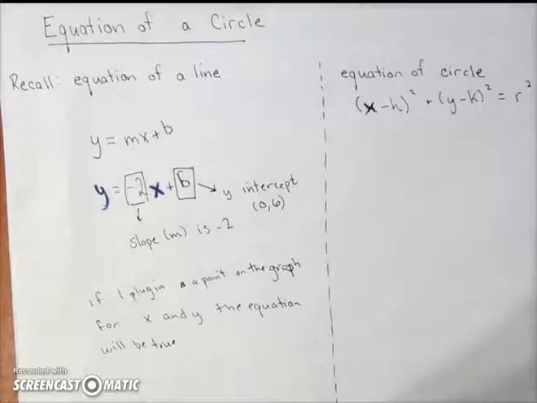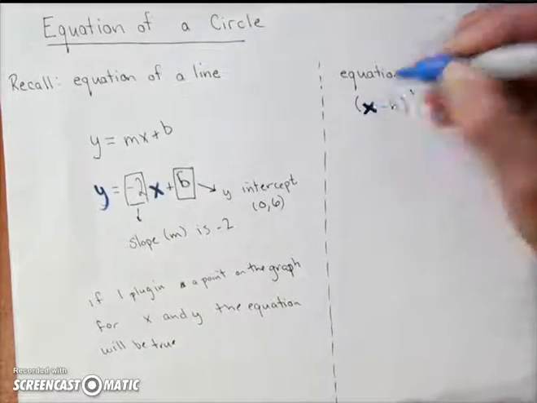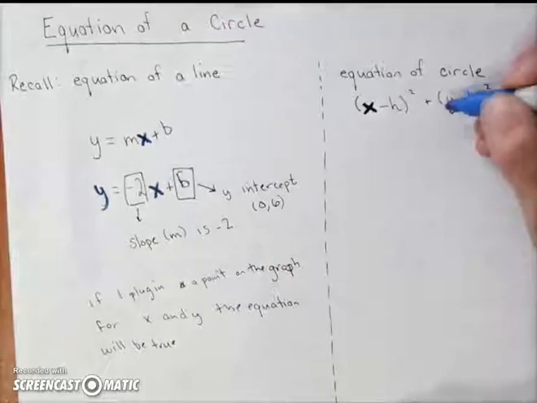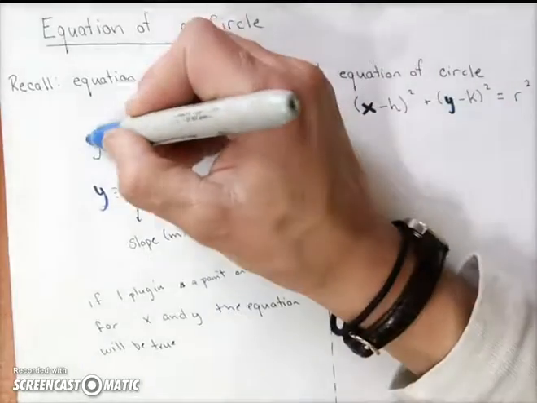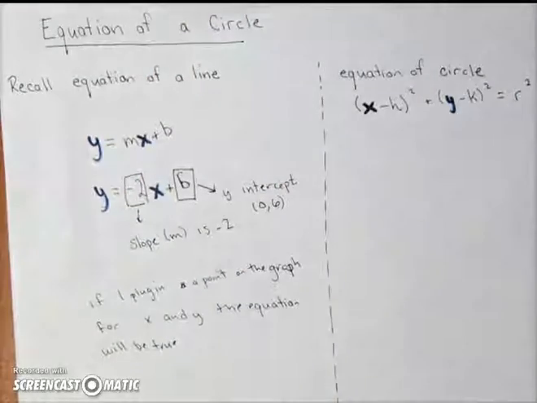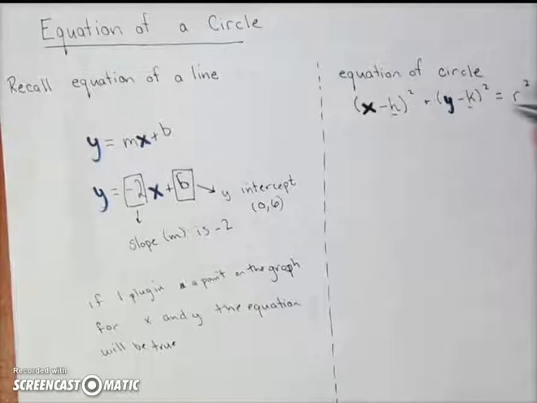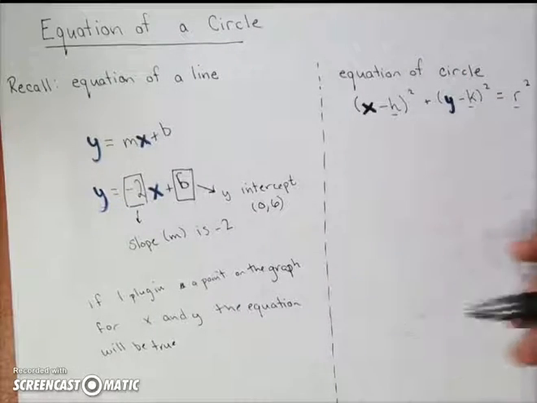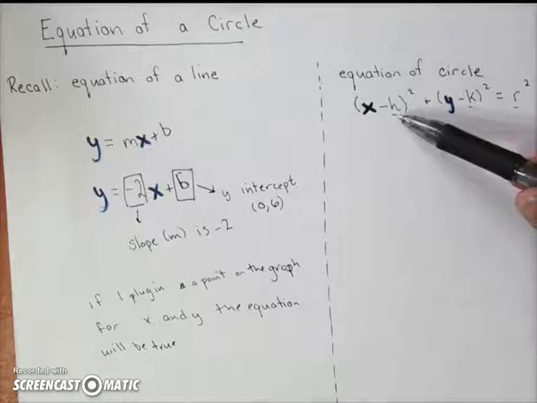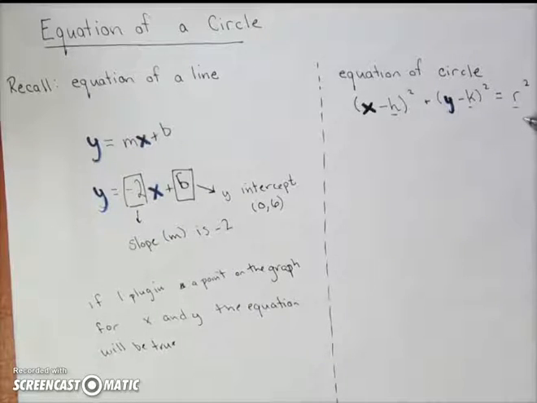So you'll notice we still have an x, just like in the equation for a line. We still have a y, just like in the equation of a line. But we have these new variables, h, k, and r, which when we write the actual equation for a circle, are just holding the places of numbers.